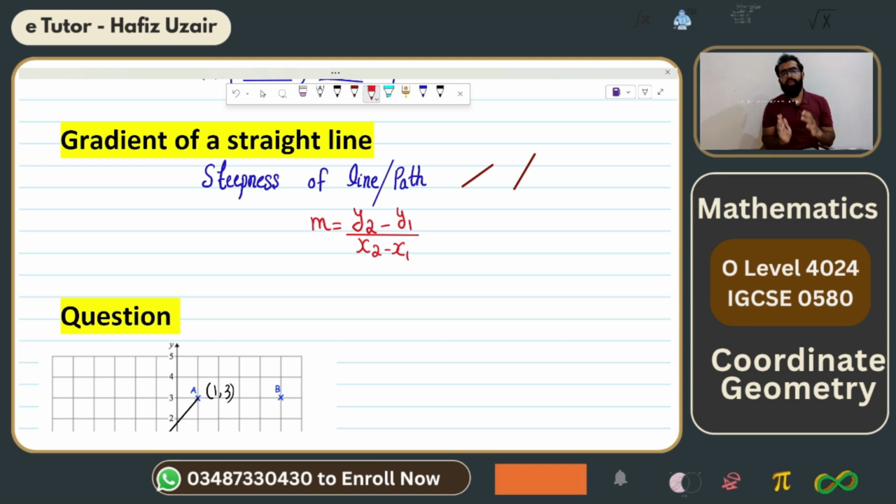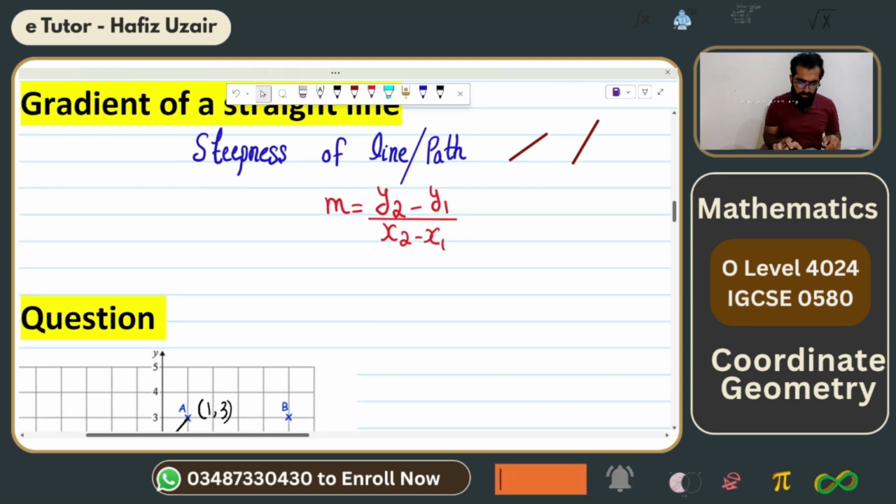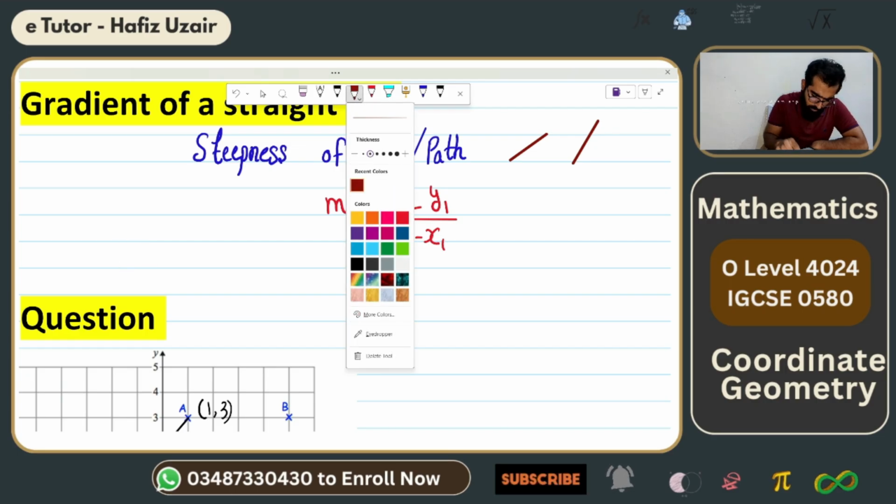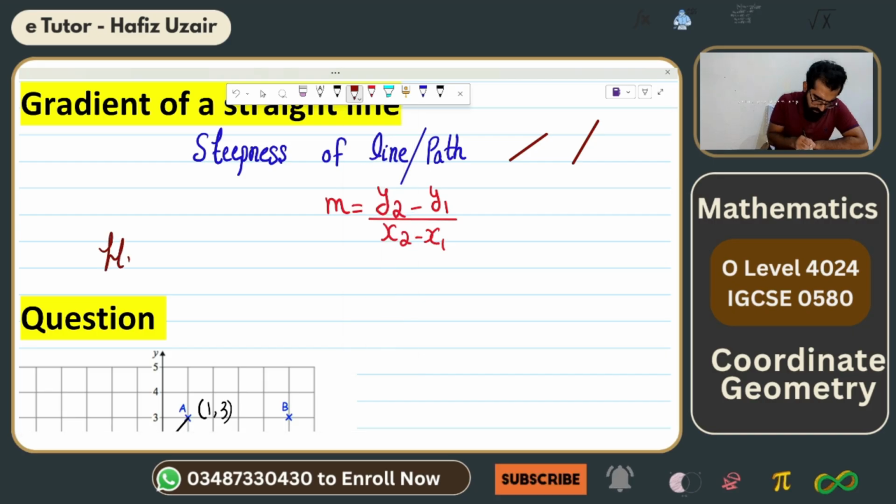Now you may have three different types of line. The first type is the horizontal line. Then we have the vertical line.